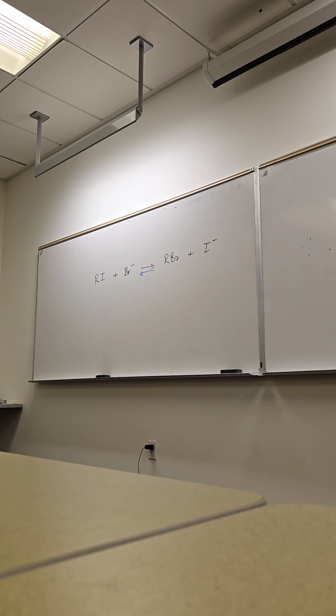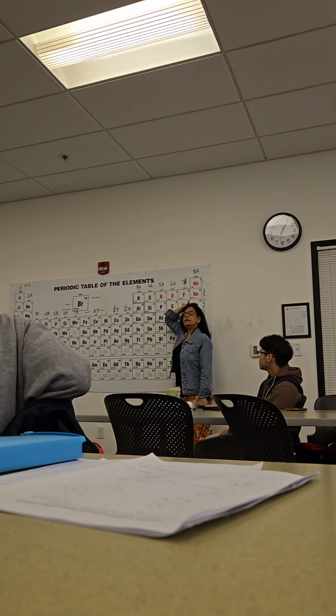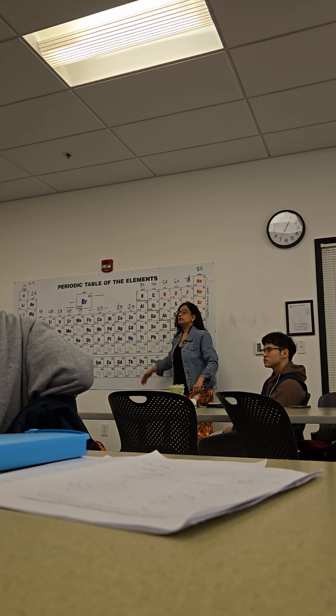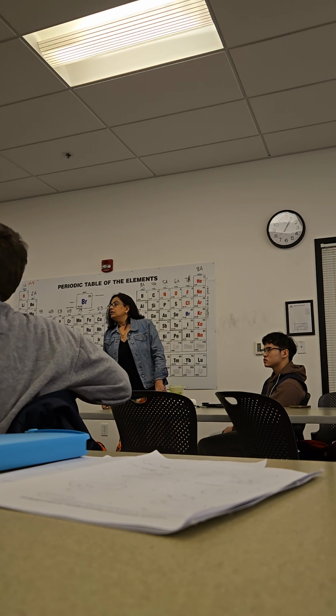Does anybody remember, in terms of base strength, if you're looking across the period, does the basicity increase or decrease? C minus, N minus, O minus, F minus, does it become a stronger base or weaker base? Weaker base. Oh shoot, I did do that wrong. Vincent, you and I were discussing that earlier today. Basicity increases.